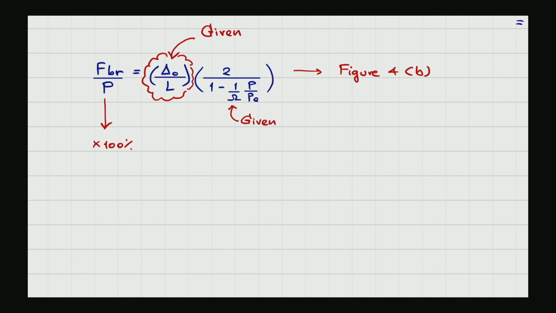If I make it this way, on this side 1 divided by this ratio, and then the FBR over P is in place there. So we have 2 divided by the thing, then switch it around, and then you get the 1 minus.